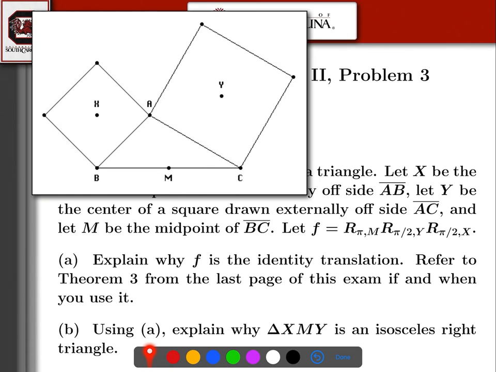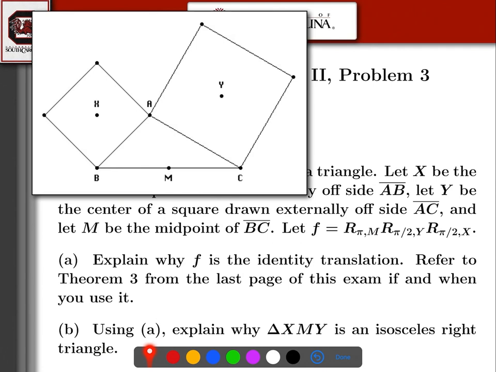We're not adding anything to those x and y's. So F of B equals B means you have the identity translation. Sometimes it means it's a center of rotation, but we know F is a translation because we added the angles. So in this case, it means it's the identity translation. You're not moving points. Okay, so this is just taking everything to itself.